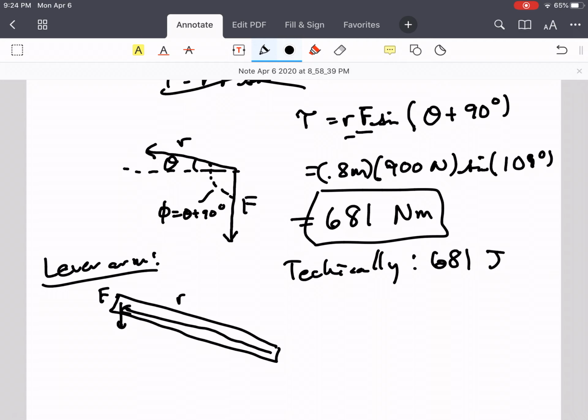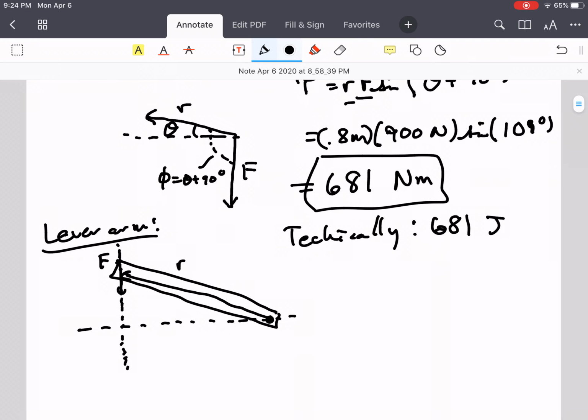And I have the horizontal right here. So I'm going to start by drawing my line of action, which is just a line that goes parallel to F, like so. And I'm going to ask, when does it get closest to the axis of rotation? So it gets closest right at this point here, where it passes through the horizontal. And I will label this distance L, the lever arm.